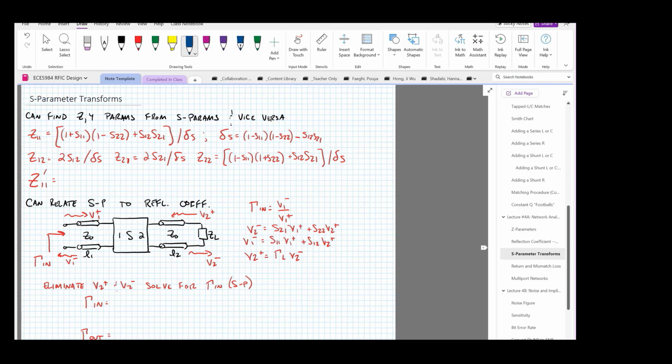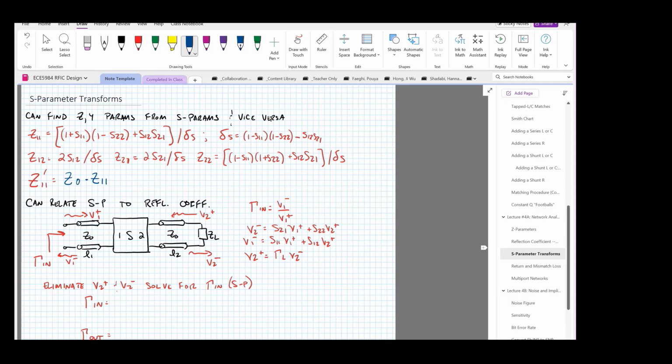Z12 is given here as well. Oftentimes, I normalize my S parameters. So for instance, I normalize my impedance parameters as well. I like to deal in impedances that are normalized to a fixed impedance.